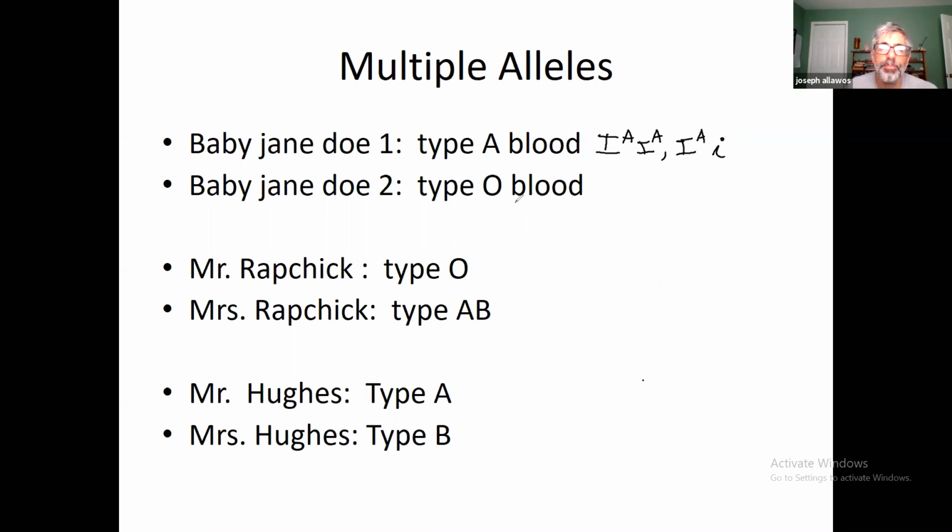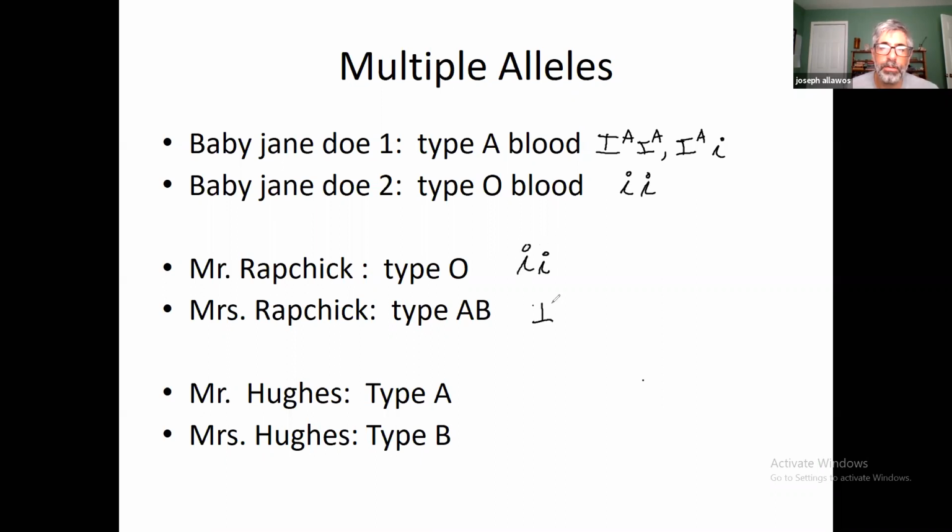Okay. What about baby Jane Doe number 2? Baby Jane Doe number 2 has type O blood. Well, we do know with certainty her genotype, because the only way you get type O blood is if you are homozygous recessive. So she has two little i's. Mr. Rapchick, same deal. He has 2 little i's.